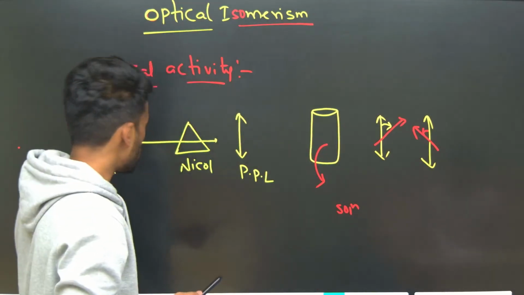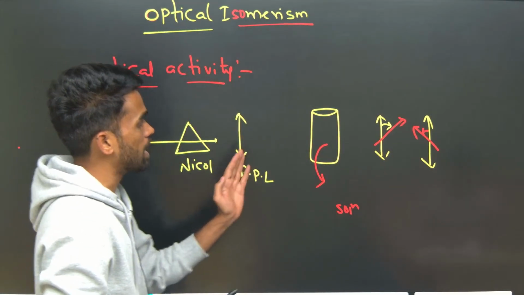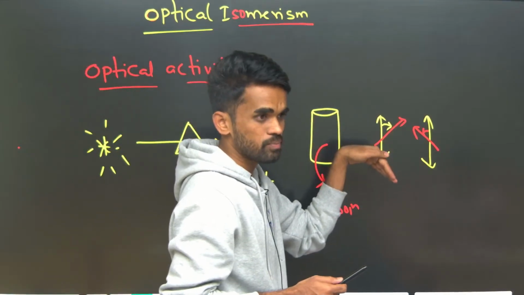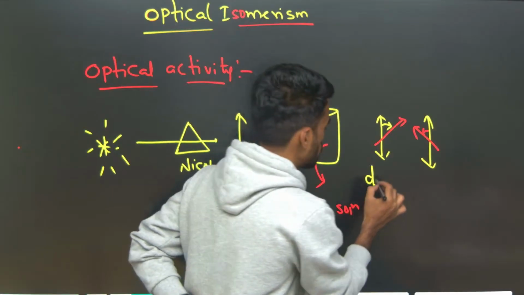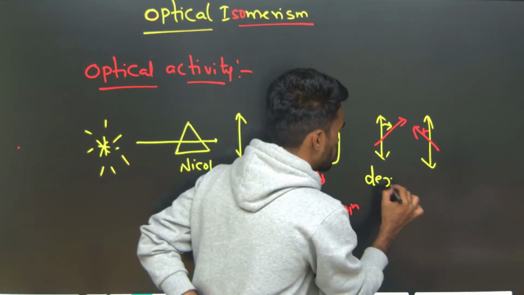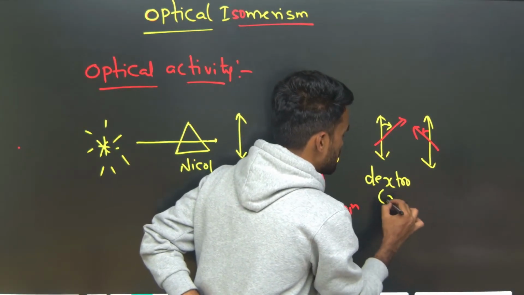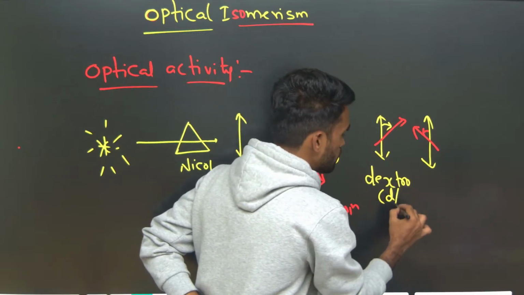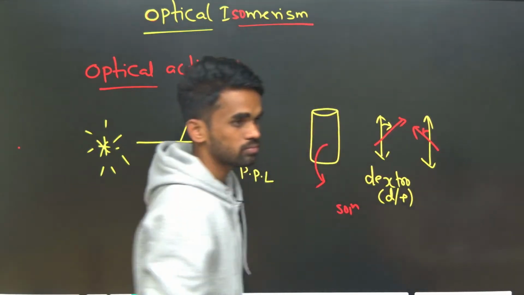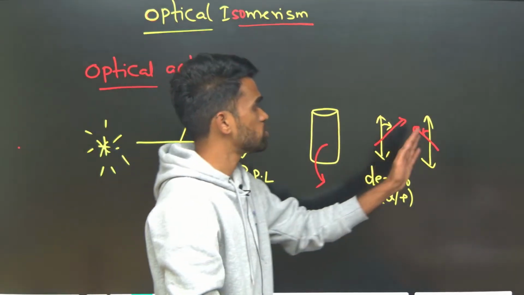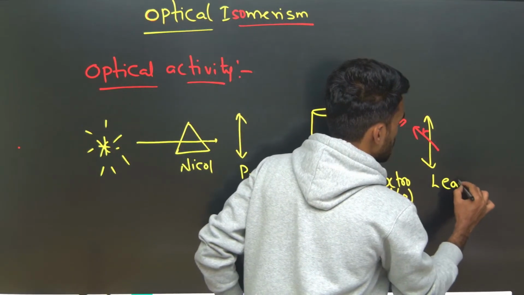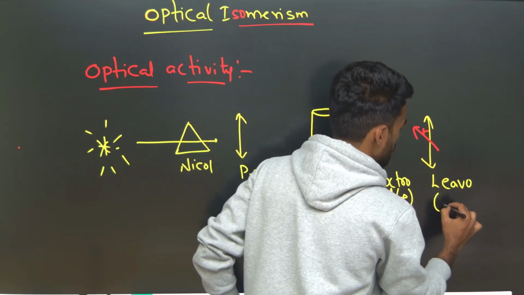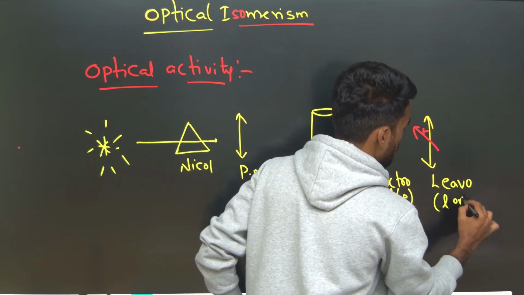If a compound rotates the plane polarized light in the clockwise direction, we consider it dextro-rotatory, indicated with a small d or plus. If it rotates anti-clockwise, we call it levo-rotatory, indicated with a small l or minus.